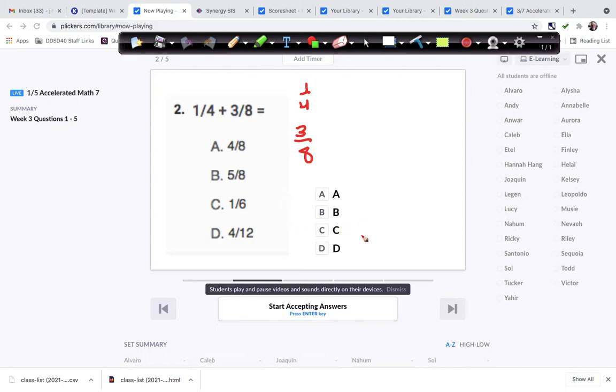So if you do 4/8, look at that, it comes up so quickly, and it's in the multiples of 8. That's the one we'll use. So 3/8 equals 3/8, and 4 times 2 is 8. So I'm going to do 1 times 2. So 2 plus 3/8 is equal to 5/8.